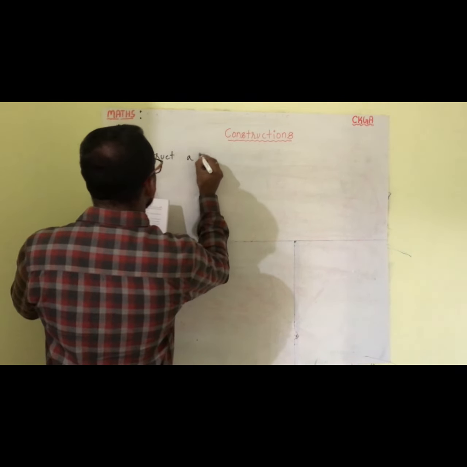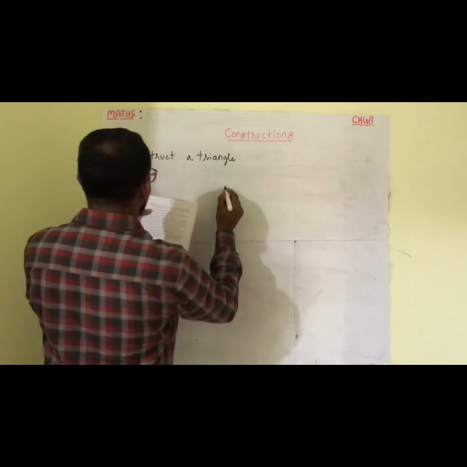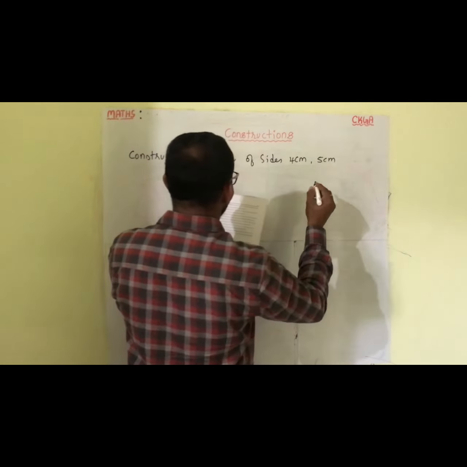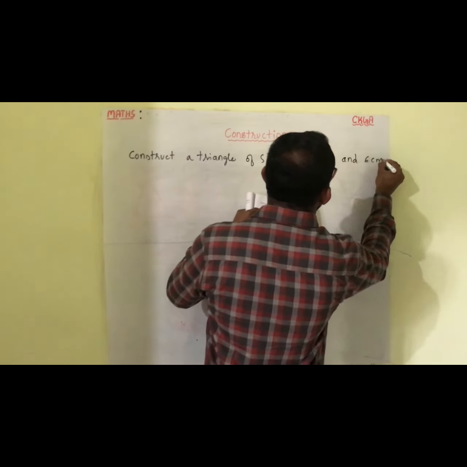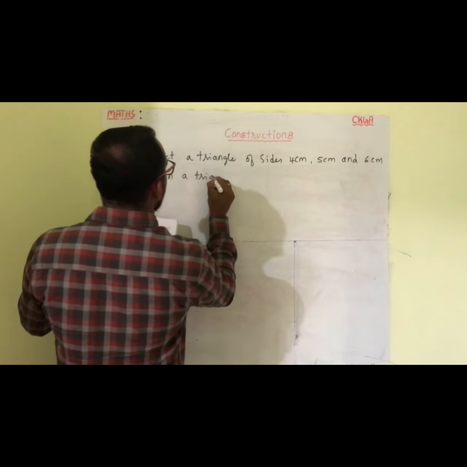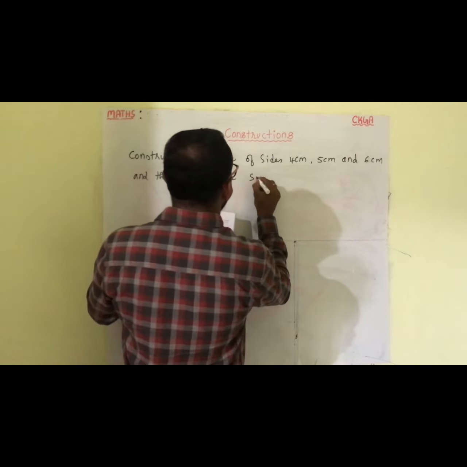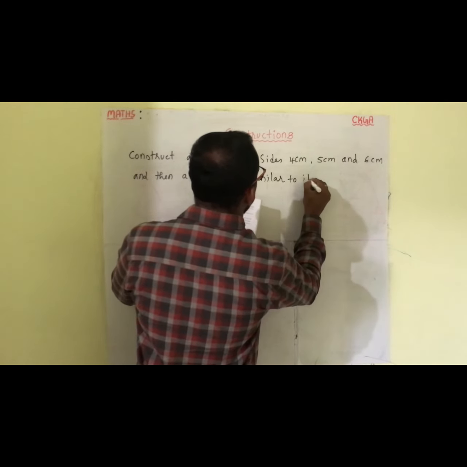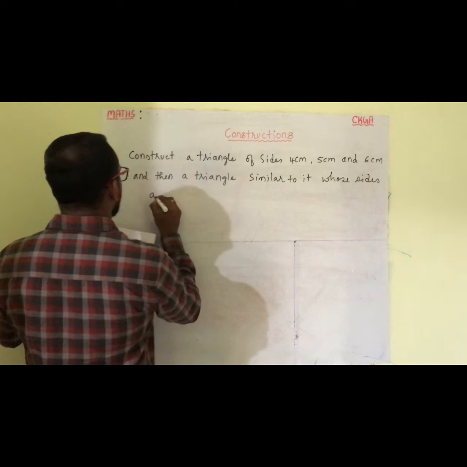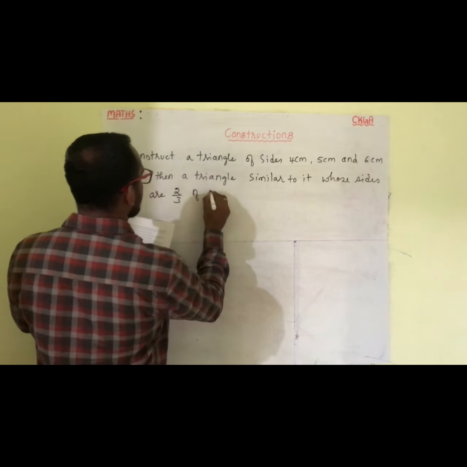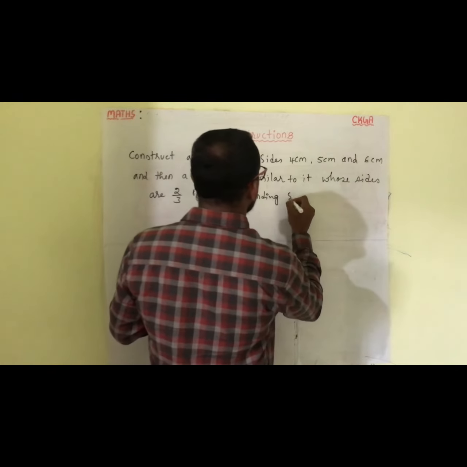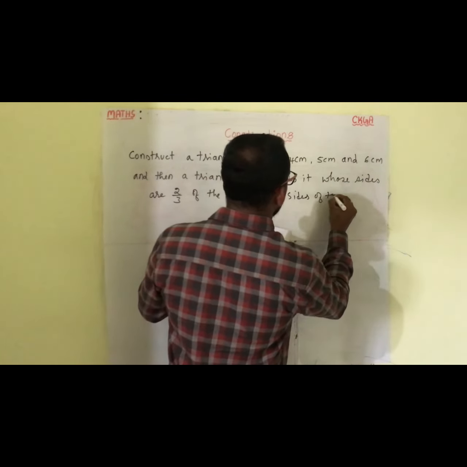Construct a triangle of sides 4 centimeter, 5 centimeter and 6 centimeter, and then a triangle similar to it whose sides are 2/3 of the corresponding sides of the first triangle.